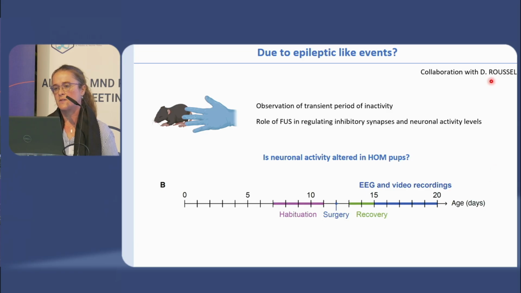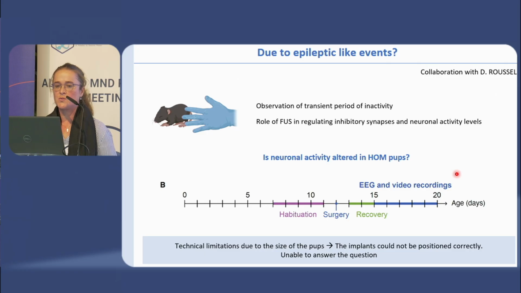So we started a collaboration with Delphine Roussel to make some EEG recording and video recording, but unfortunately, due to the size of the pups, the implant could not be positioned correctly, and we were not able to have a good recording to answer this question. So right now, I still don't know why. I'm sorry, but I still don't know why these pups are dying at this moment.